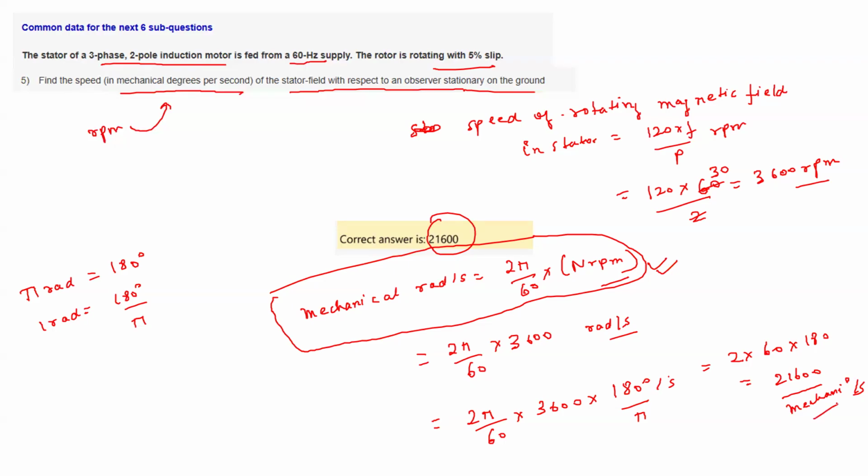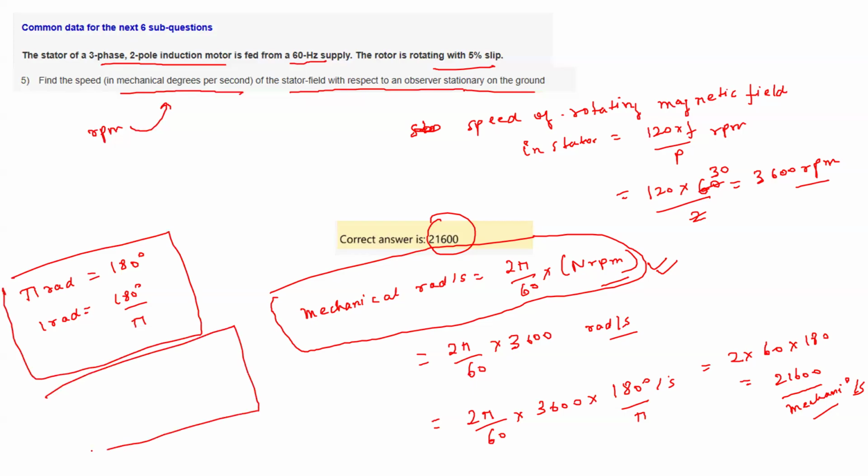So this interchanging of units you can do. This is one conversion, and we know that electrical degrees is P by 2 into mechanical degrees.